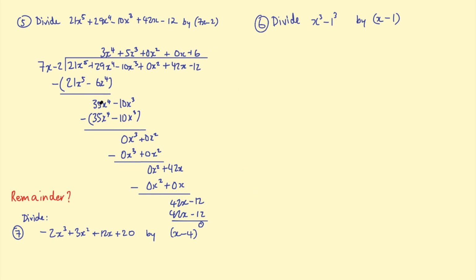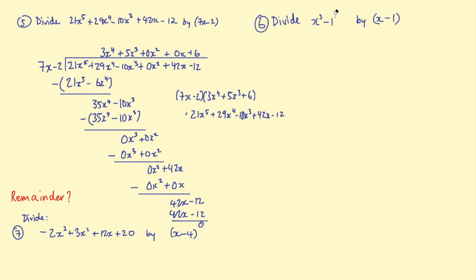So just to finish this off, and I've run out of room, we could write the answer as 7x take 2 multiplied by 3x to the power 4 plus 5x cubed plus 6. So we don't have an x squared term or an x in our quotient here, and this equals our dividend. So 21x to the power 5 and so on.